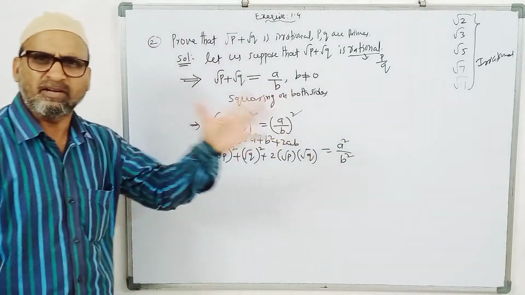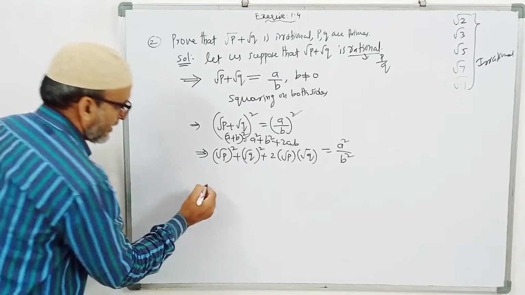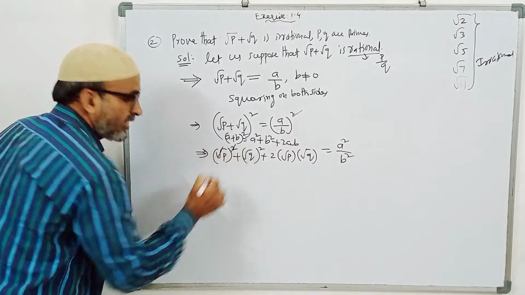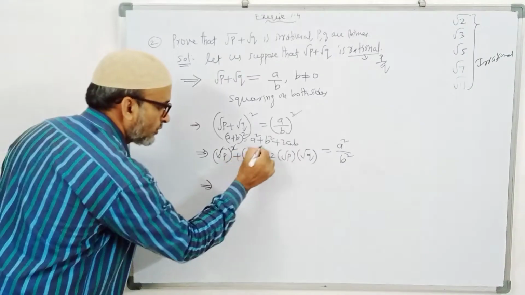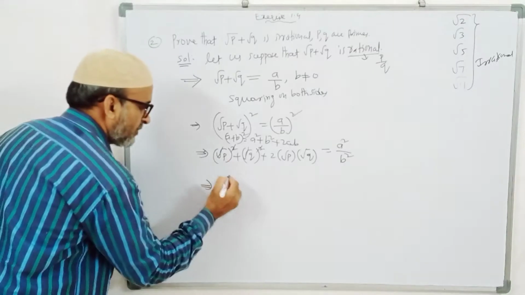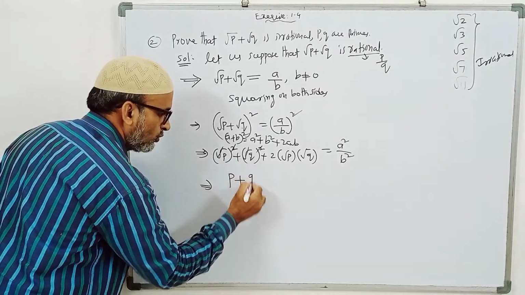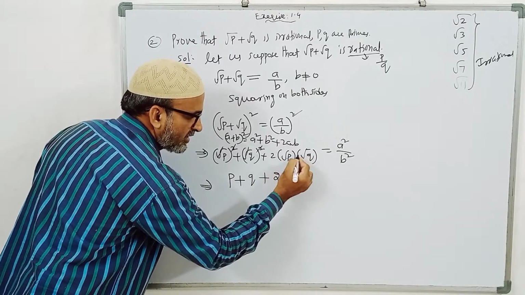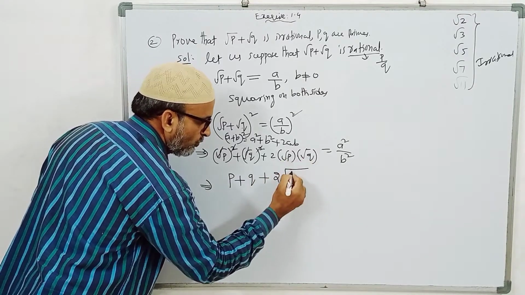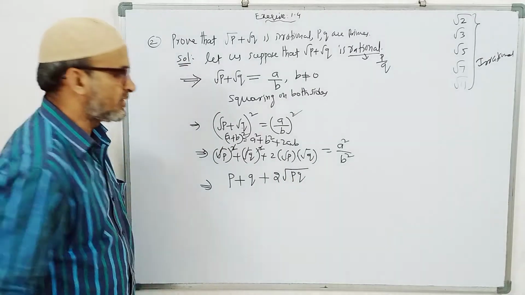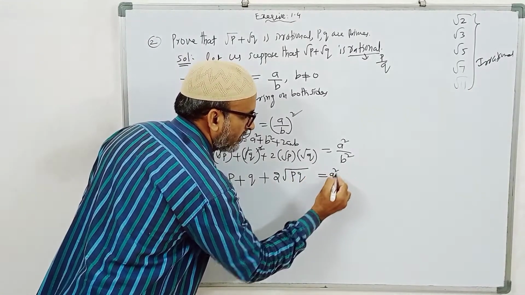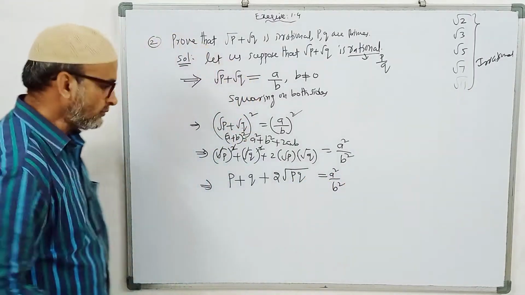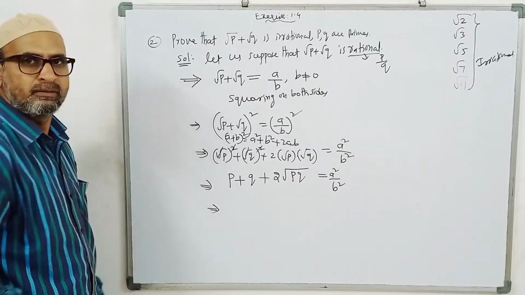The whole square applies separately to numerator and denominator. The root and square cancel, so what is left is P plus Q plus 2 root PQ is equal to A square by B square.